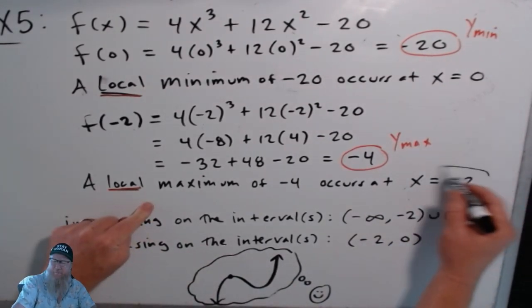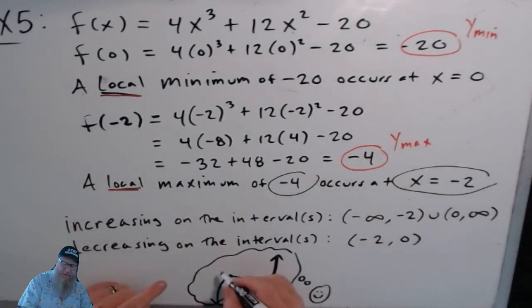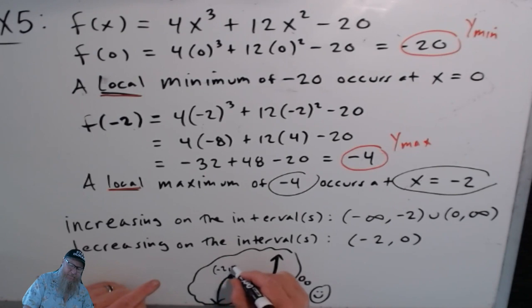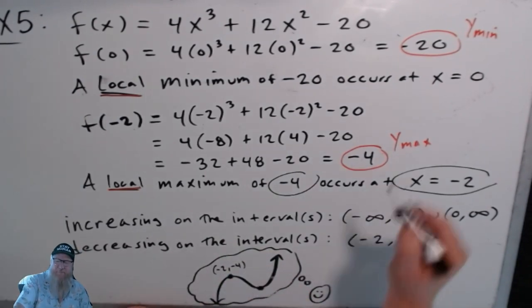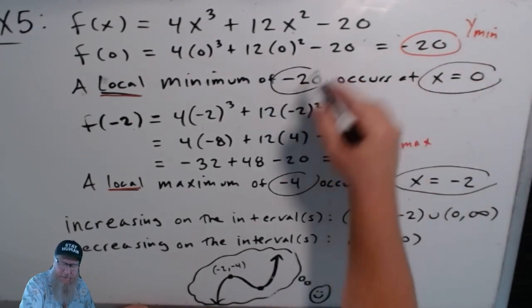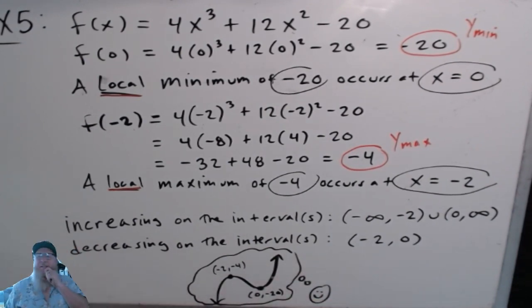That's this one. -2, -4. That's this point here. And then it has a minimum. 0, -20. That's about as good as I could do without using the grid. Just a rough idea of what's going on.